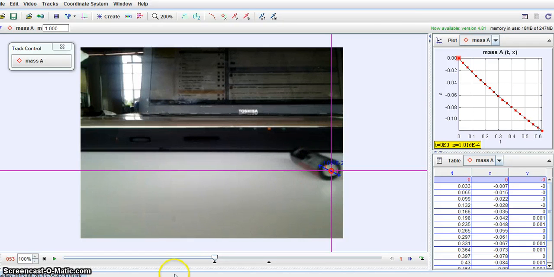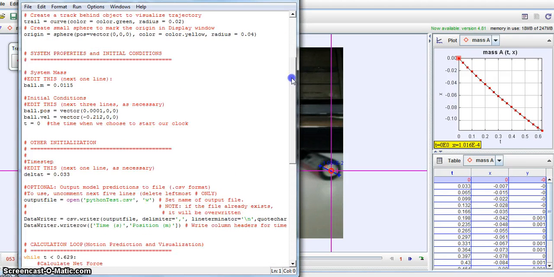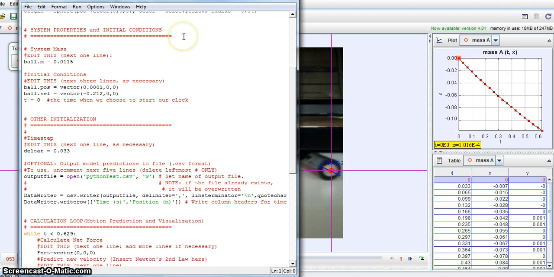I then made a model to try and see if my experimental data matched up to a perfect uniform physics world data. So this is my Python model, and I created many initials seen up here, which help the code work. And this is a starter code.